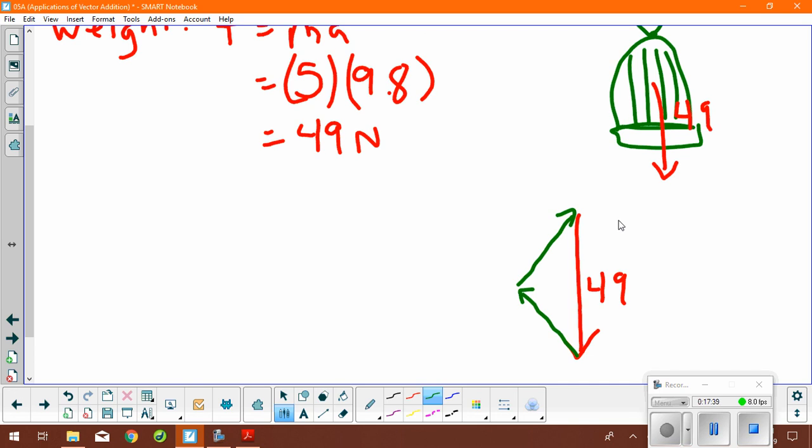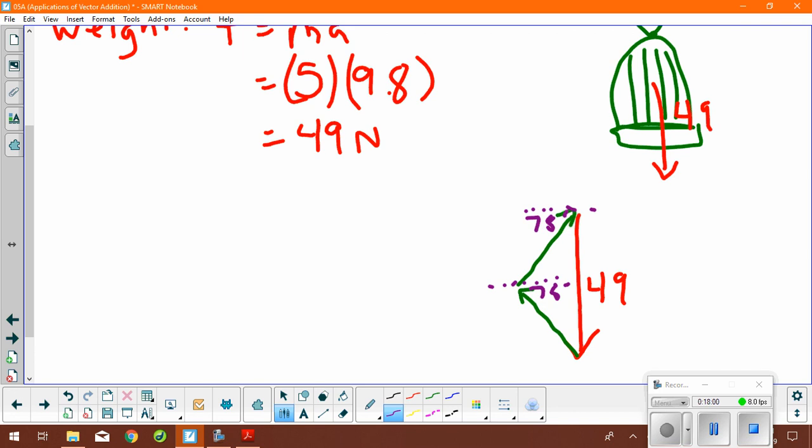Next thing we need to do is add in our angles. So again, I'm going to draw on the horizontal there because they were with reference to the ceiling. So I know that this angle is supposed to be 75, and I know that this angle up here is supposed to be 75.